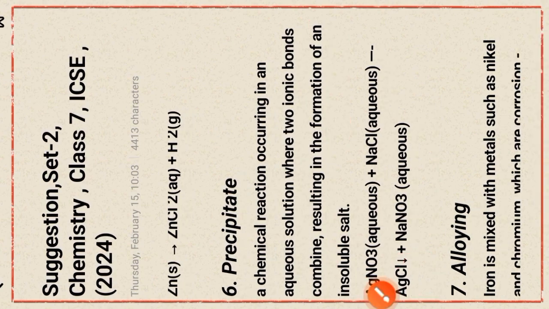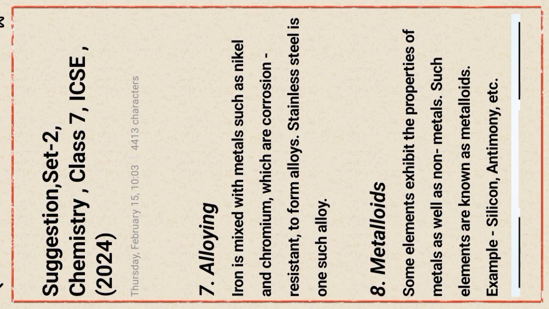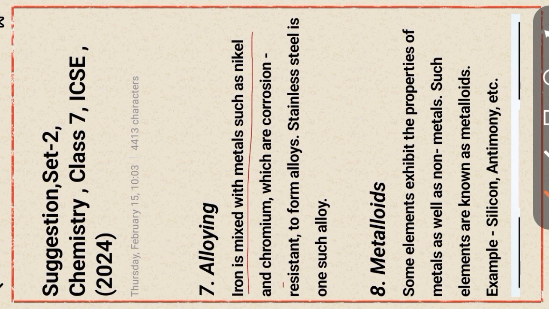Okay. Next part, alloy. Iron is mixed with metals such as nickel and chromium, which are corrosion resistant, to form an alloy. Stainless steel is one such alloy. That is the example. Okay.